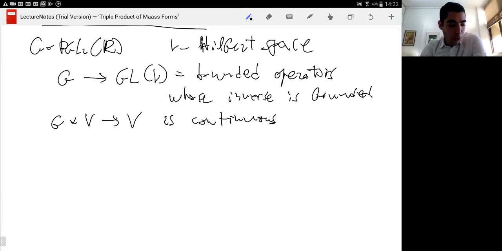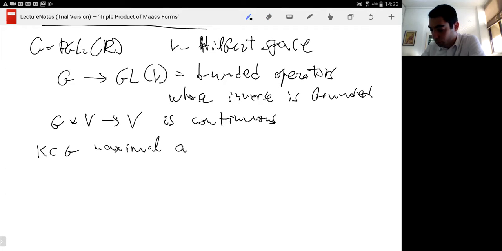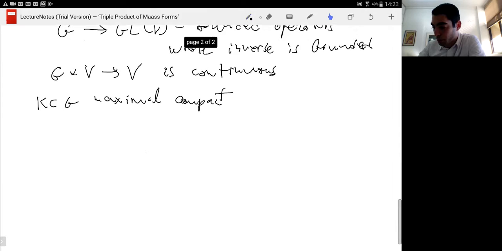So first we have to impose a condition on V to make sure it's not too large. So we let K in G be a maximal compact subgroup. Okay, so it's going to be a one parameter subgroup parameterized by an angle.